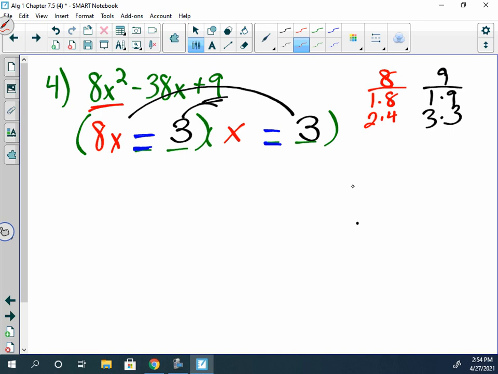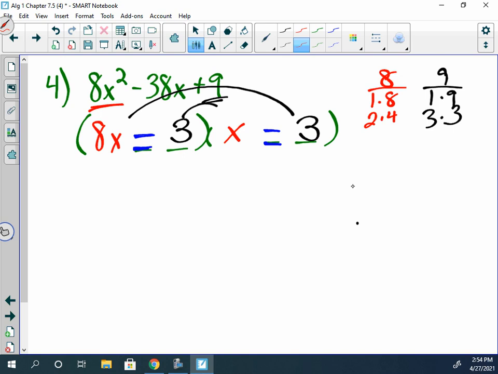Because if I flipped it, it'd still be 4 times 2. Put 1 and 9? You got smaller? Okay, so 2 and 4 with 1 and 9 don't work too well.